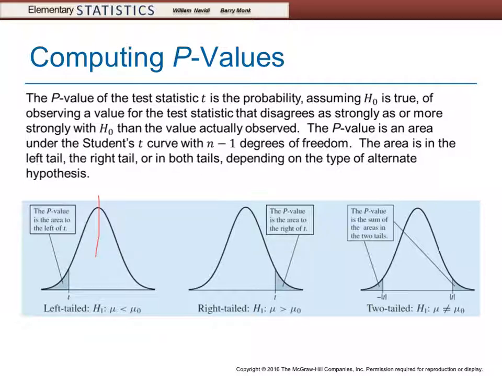So for each one of these we're determining where mu is and where the value t is in relationship to mu equals 0 under the sampling distribution. Notice that in each one of these cases we're looking at the number of standard deviations x bar is from mu naught.